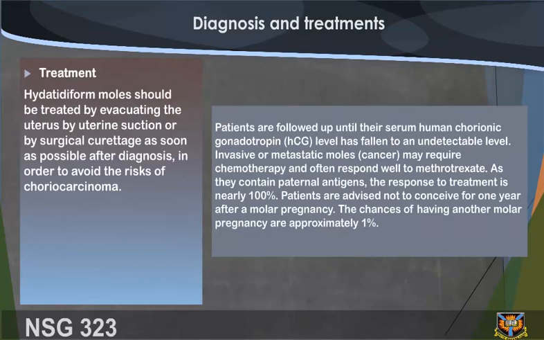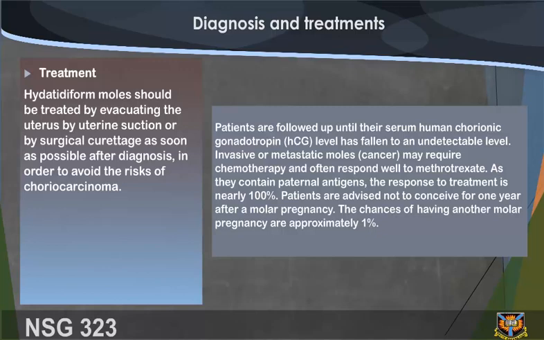Treatment. Hydatidiform moles should be treated by evacuating the uterus, by uterine suction, or by surgical curettage as soon as possible after diagnosis in order to avoid the risk of choriocarcinoma. Patients are followed up until their serum human chorionic gonadotrophin HCG level has fallen to an undetectable level.